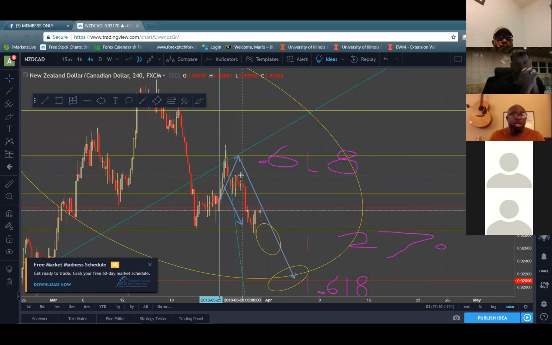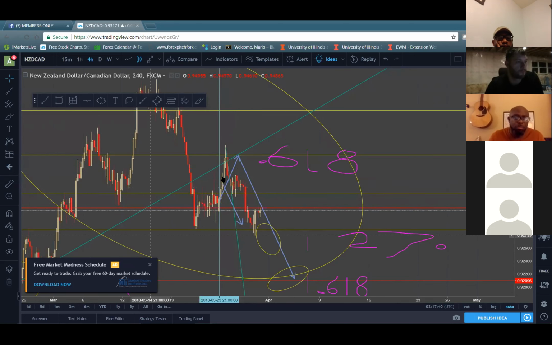So one of the things I made sure of was to be patient about how we got into this. I could have tried to get in too early, or I could have set a stop loss that was too close, and would have run into some problems. This one, I was able to get in and do pretty well with it.